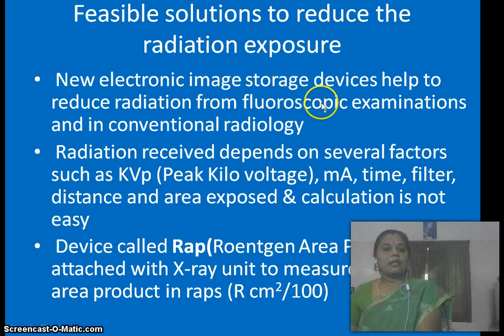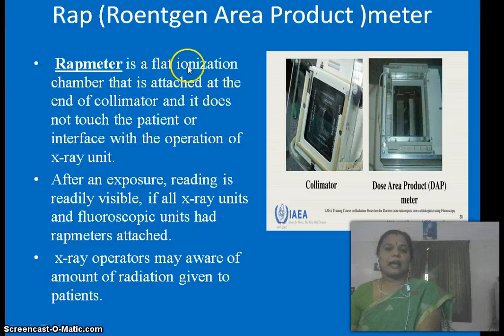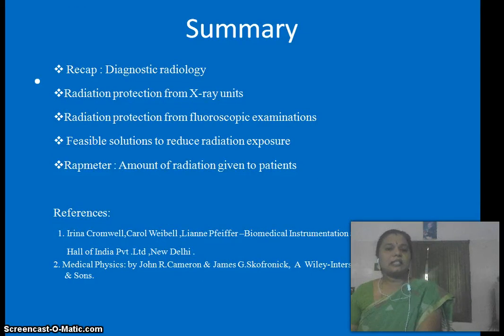New electronic image storage systems have to be designed, because the radiation received depends on all these factors: peak kilovoltage, time, and filter. And there is a device called a RAP, the Roentgen Area Product Meter, attached to the X-ray unit to measure the RAPs. RAP is always fixed at the end of the collimator to measure the amount of exposure given to the patient. This is a digital meter, which helps the technician to find the fault, or to find the amount of radiation given to the patient instantly.